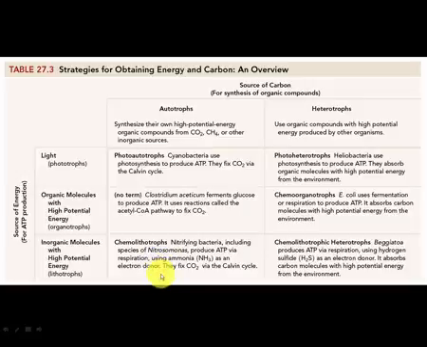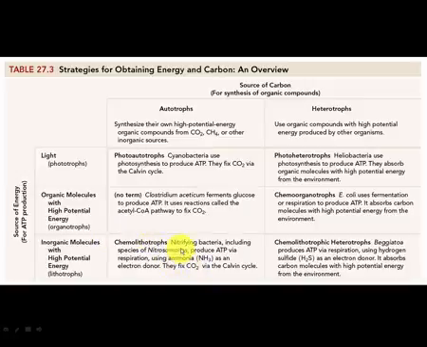Finally, down here, there are chemolithotrophs, organisms that get energy from inorganic molecules, but make their own carbon-containing molecules. They fix CO2 using the Calvin cycle, but the energy doesn't come from the sun.